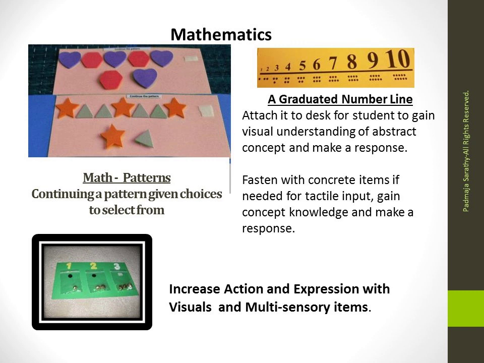So these are some tools, again, objects for somebody who is visually impaired. In that graduated number line, where below the numbers you have some dots, you can put tiny plastic chips, or you can place tiny dots with puff paint, and the same thing you can do with the numbers so that the student can feel the numbers.